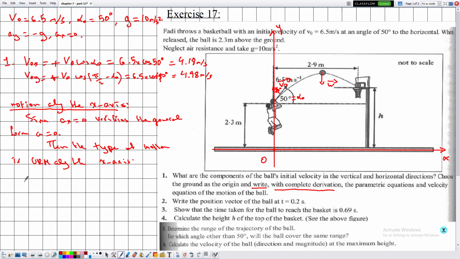And in this case, we can directly say that x is equal to vxt plus x0. Vx is equal to a constant, and ax is equal to 0.